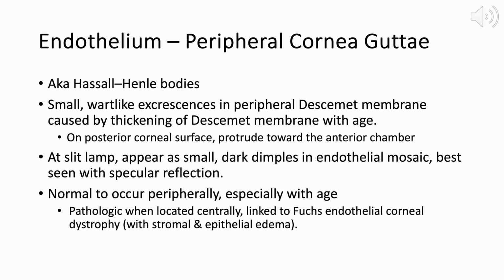At the slit lamp, they appear as tiny, dark dimples in the endothelial mosaic and are best appreciated with specular reflection. It's important to note that these changes are usually considered a normal aging finding when present peripherally. However, if they extend centrally, that becomes pathologic and is strongly associated with Fuchs' endothelial corneal dystrophy, which can progress to stromal and epithelial edema.